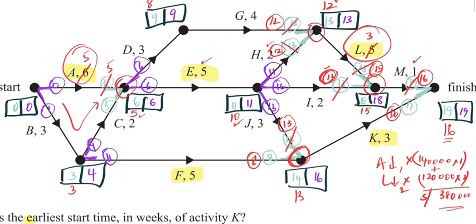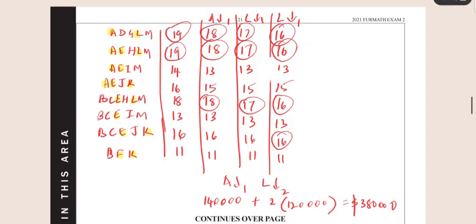The other structured way of doing it is laying out all the different paths. We know that it should get down to 16 weeks according to the question. Highlighting on each of the paths all the activities that can be reduced, that is A, E, F, L, and K, and adding the original duration along each of these paths. Okay, so A to D, D to G, G to L, and L to M added gives me 19. And so I've gone along each of the paths.